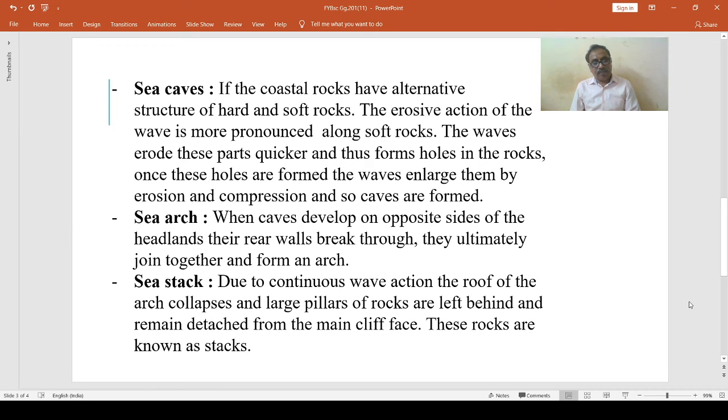Many a time the roofs of the caves collapse and produce a narrow long inlet known as a geo. The geos are several meters long and deep.